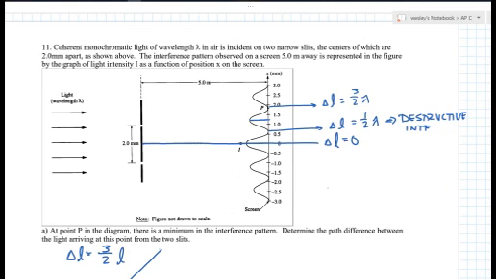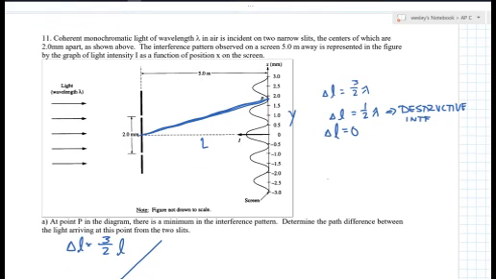The other way is just based on the geometry of the situation, and we talked about this with our last little thing. So we have L, we have Y, we have theta.